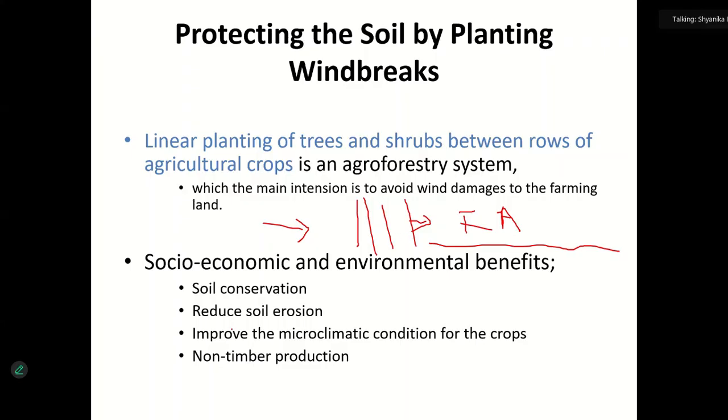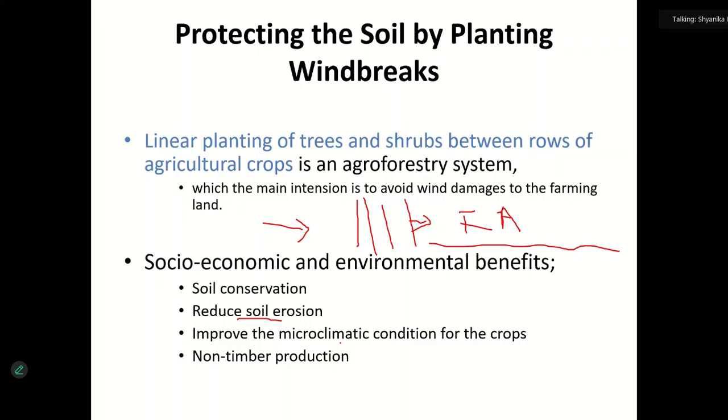Okay. And then let's see what are the socio-economic and environmental benefits, right? It conserves the soil, reduces soil erosion, right? It definitely reduces the soil erosion because soil particles bind with the root zone so that they are not easily detached.